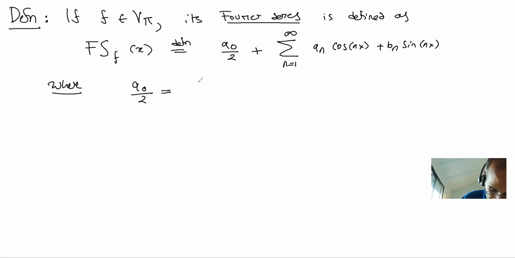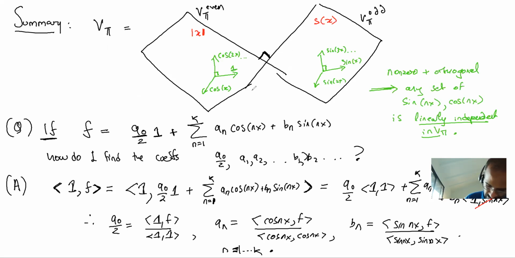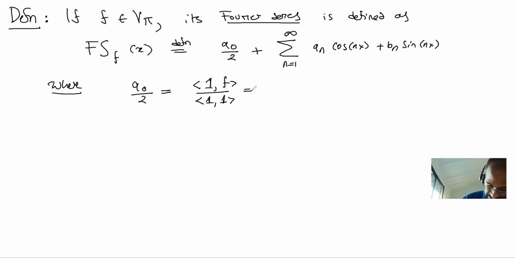So a naught over 2 is the inner product of 1 and f over the inner product of 1 and 1, which, I always get confused about the 2's here, is 1 over pi times the integral from minus pi to pi of f of x dx.